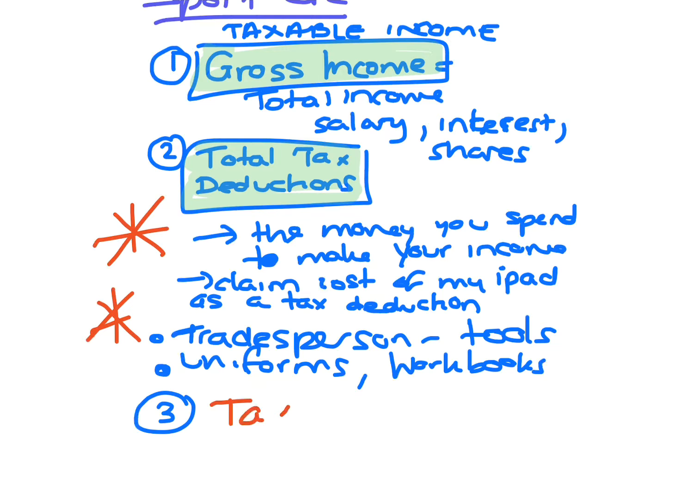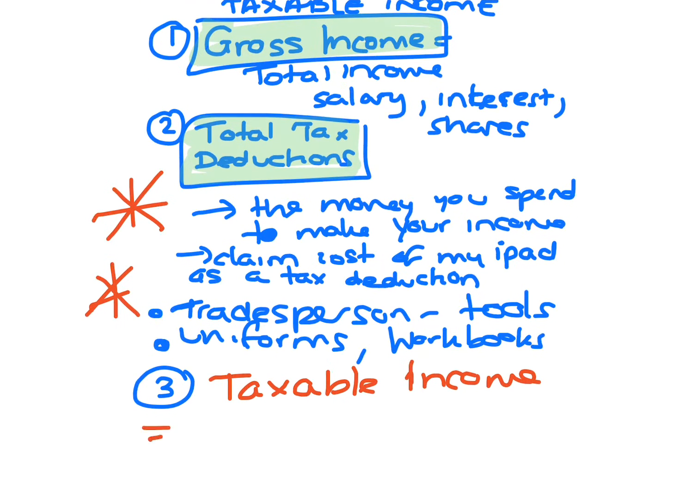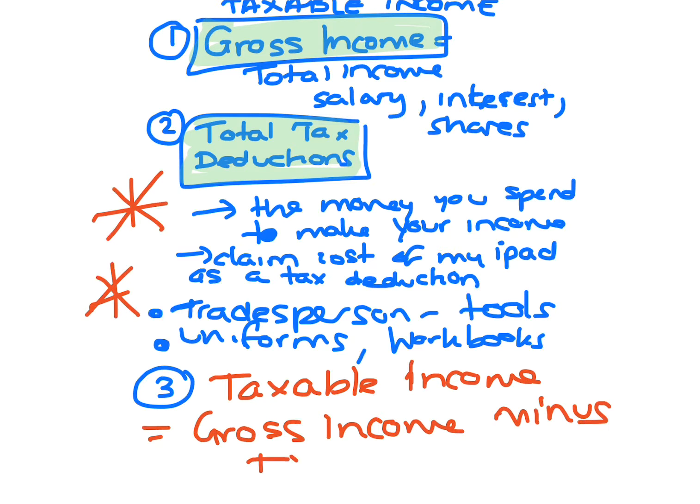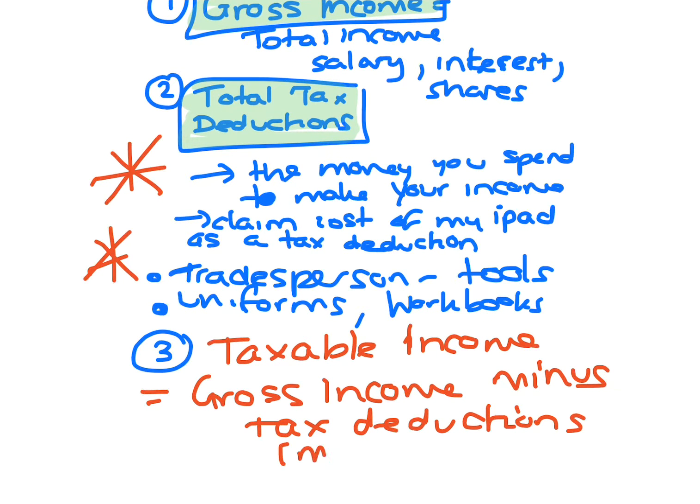What you actually get taxed on is your taxable income, and your taxable income is your gross income minus your tax deductions, or the money you spent to earn your income.